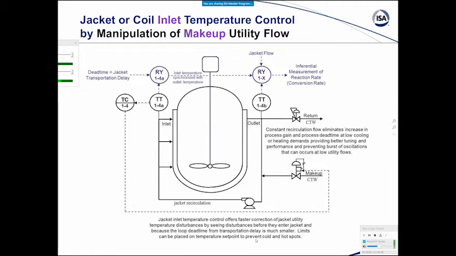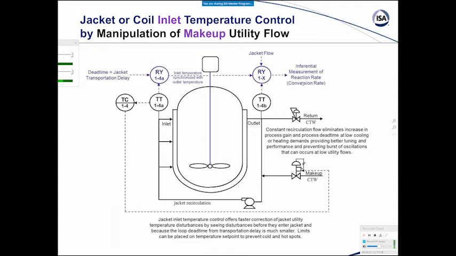Limits can be placed on temperature set point also here to prevent cold and hot spots, and that can be important for crystallization. It's also very important for bioreactors, where the cells are very, very sensitive to localized cold and even more so hot spots. So you want much greater uniformity there.